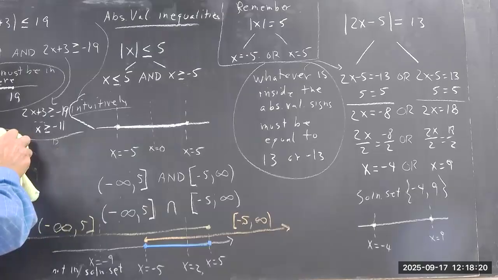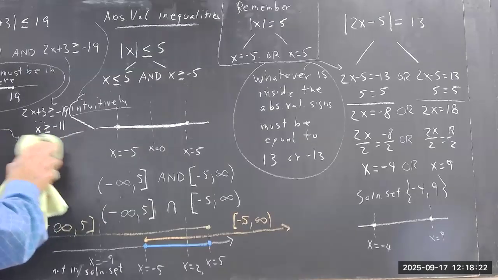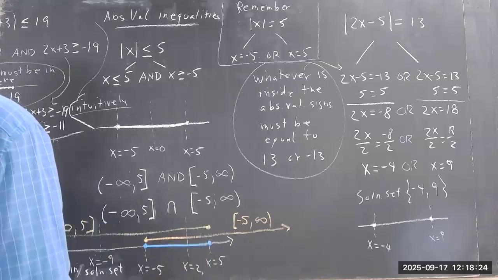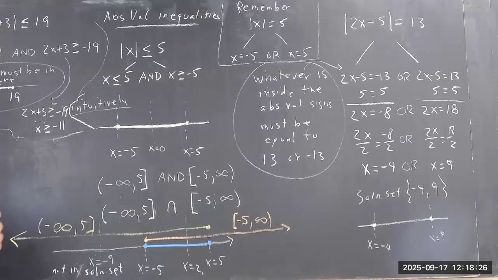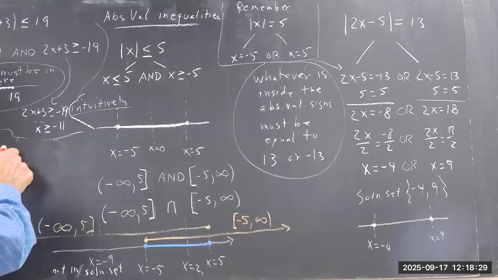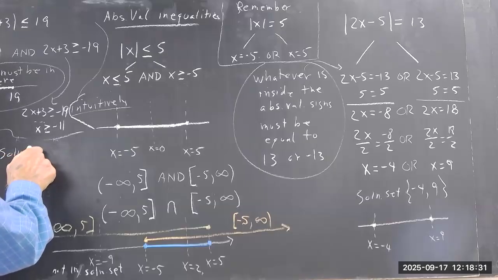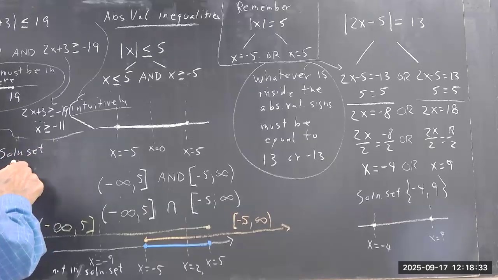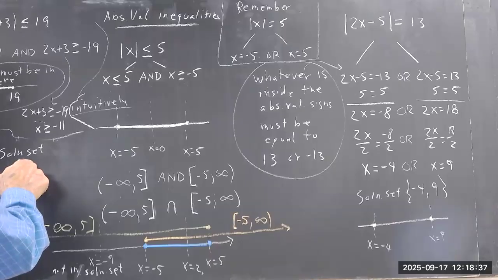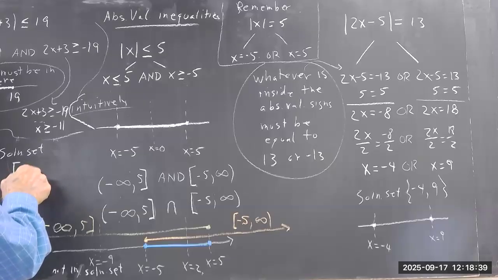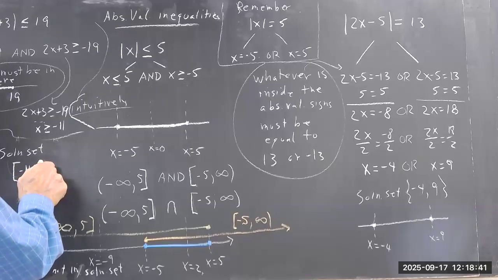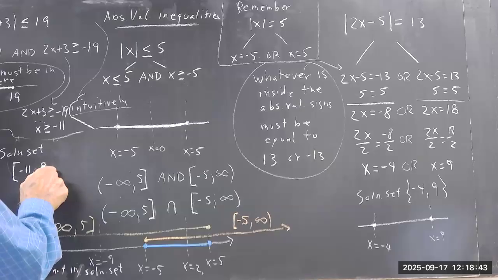Use a little room here, so that your solution set turns out to be negative 11, 8.